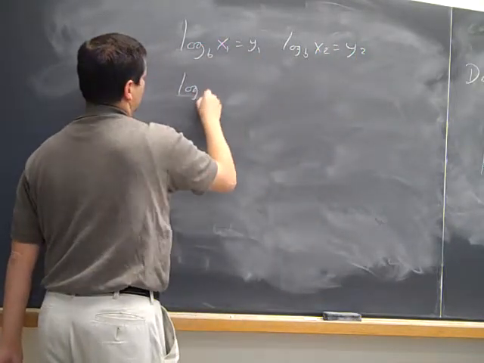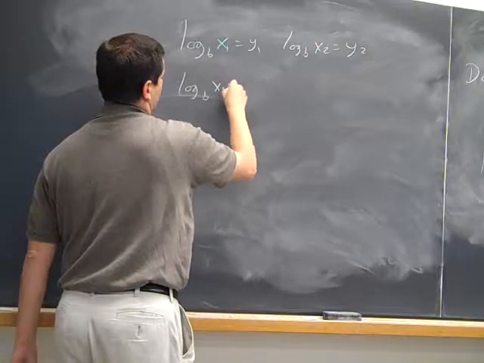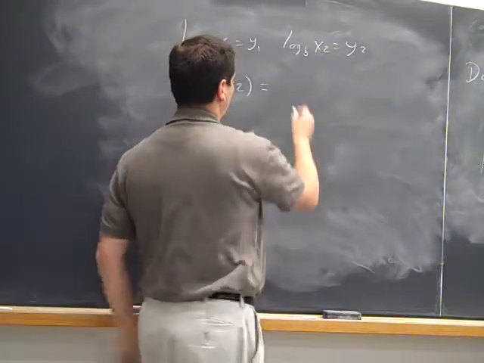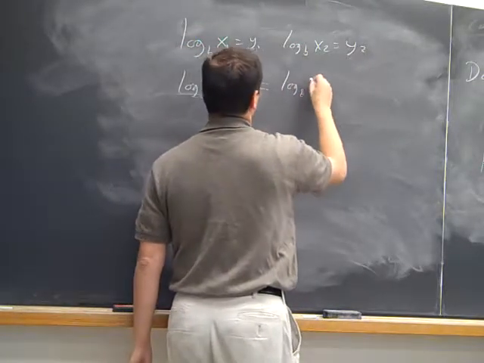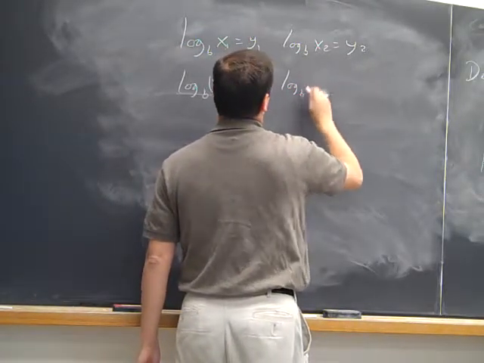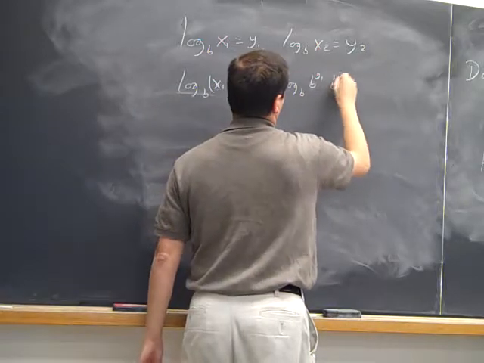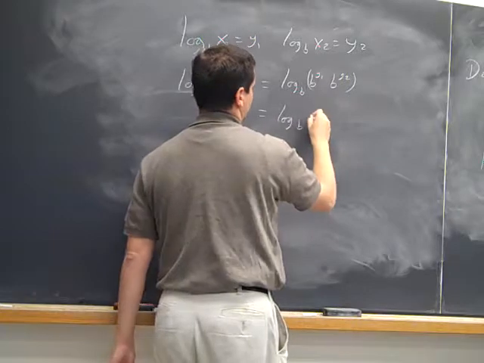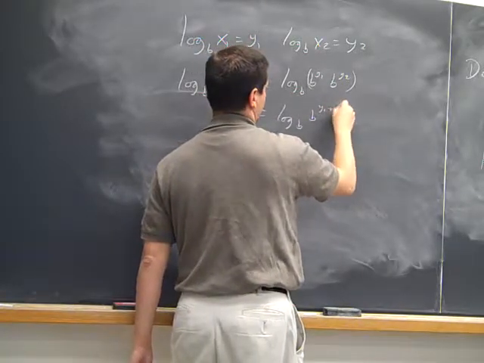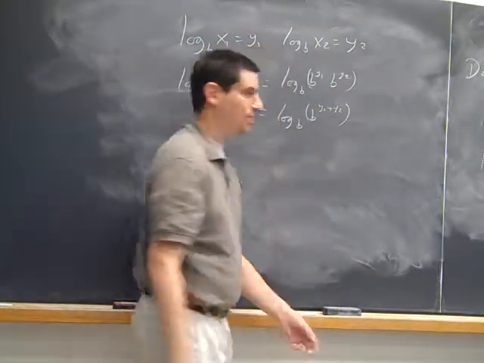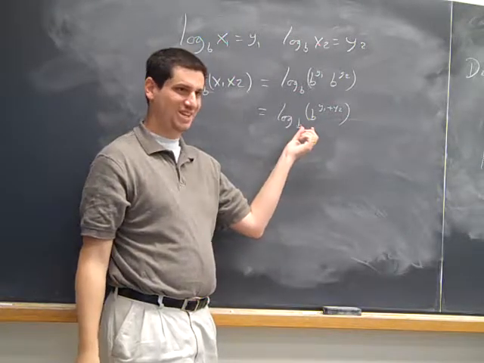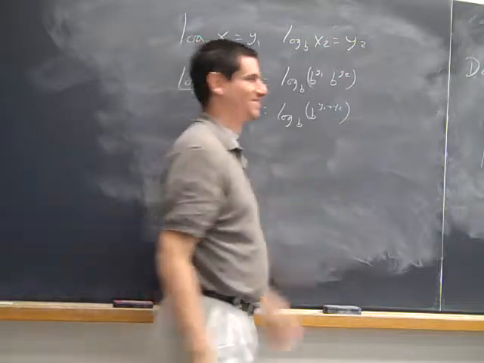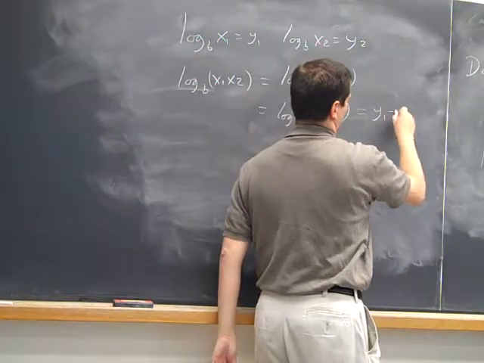The log base b of x1 x2: well, x1 is just b to the y1, so this is the log base b of b to the y1 times b to the y2. This is the log base b of b to the y1 plus y2. So, how many powers of b do I need to get b to the y1 plus y2? y1 plus y2.